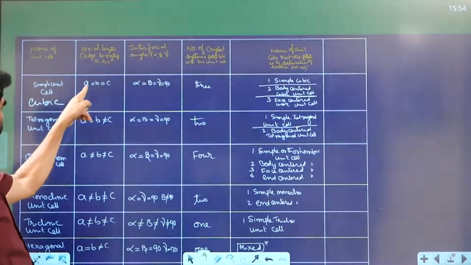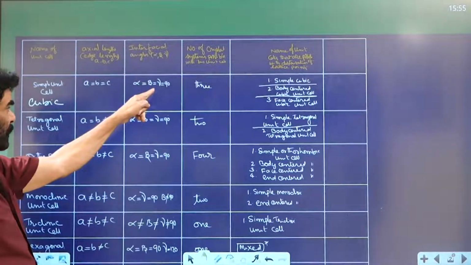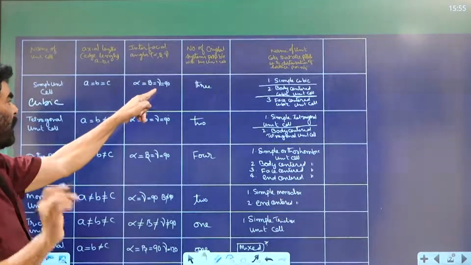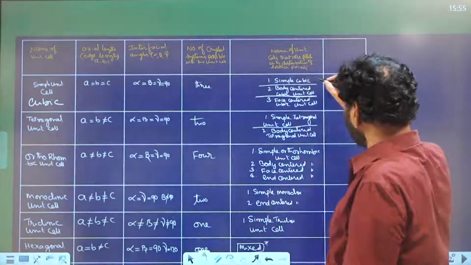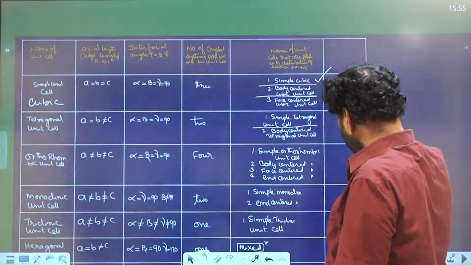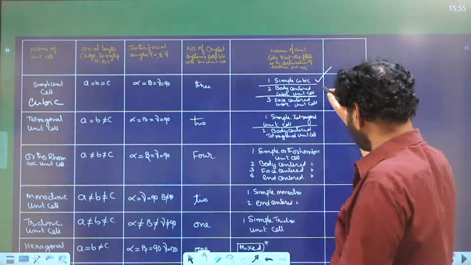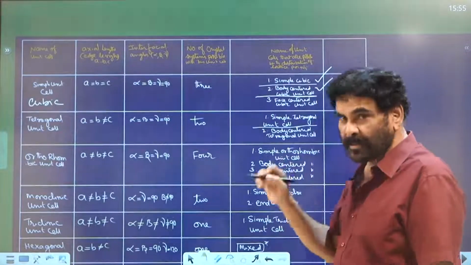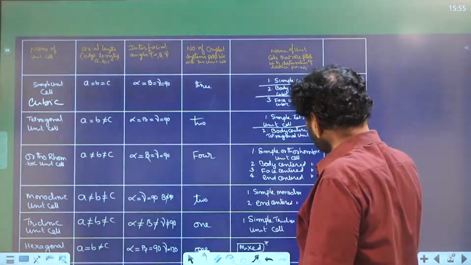These are the cell parameters, irrespective of the occupancy of the lattice points. In that cubic cell, the lattice points can be only at the corners. The second is corners plus body center, and the third is corners plus face center.